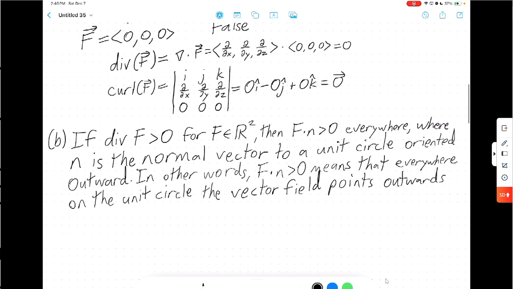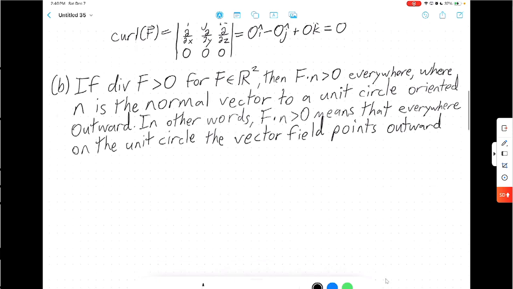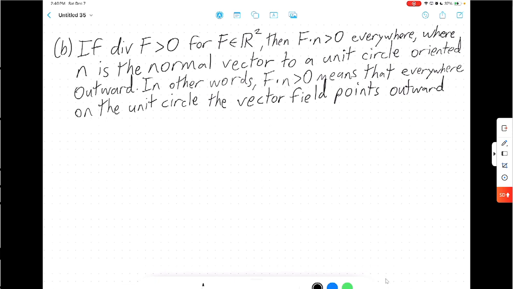All right, anyone want to give a guess on if this is true or false? Anyone? What does divergence of f mean? So divergence of f is like a tendency for a certain fluid to go away from a specific point. So outward from a point, basically.